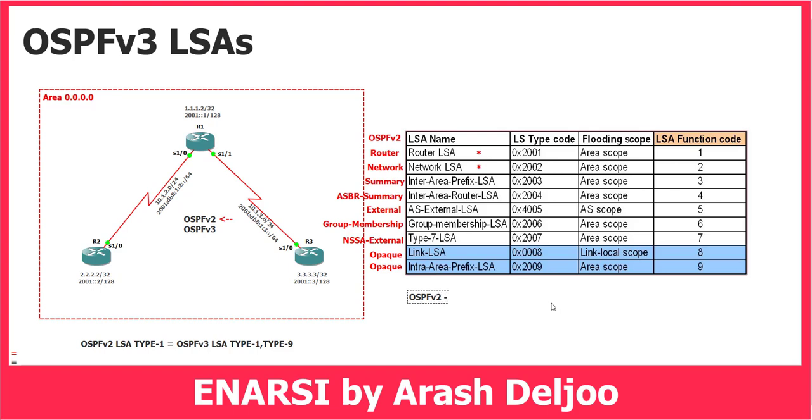In OSPF version 2, in LSA type 1, we had this information: which network I am connected to, with which mask, with which cost. Also, with which interface IP I am connected to which neighbor RID. You have learned about it.